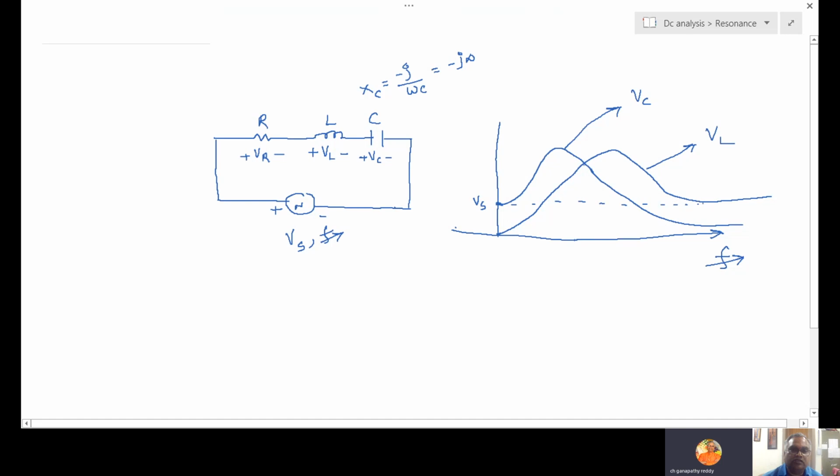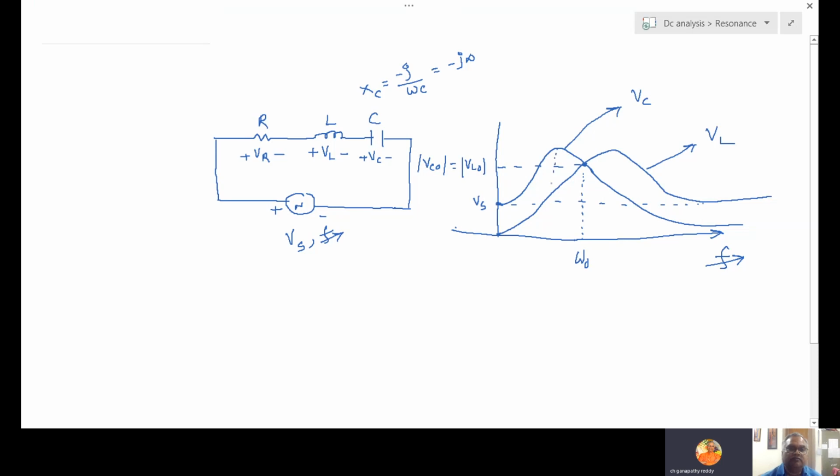And these two are crossing at this point. So that frequency is called omega naught. Omega naught is the frequency at which these two are equal, so VC magnitude is equal to VL magnitude. They are equal to this value. Don't think that value is the highest value.